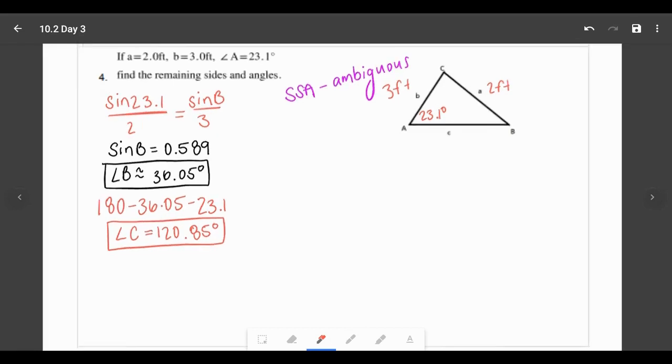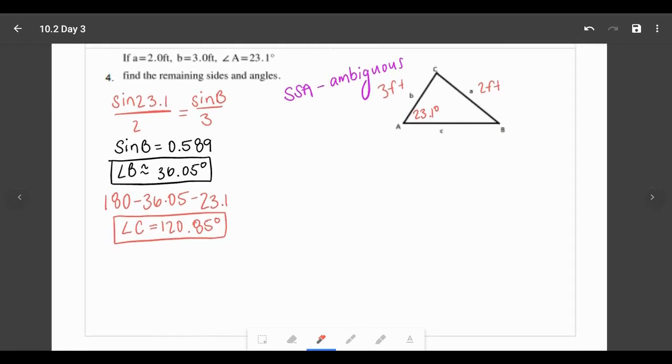And then the last thing that we need to look for, to find the remaining sides and angles, is side C. So we're going to set up sine of 23.1 over 2, equal to sine of that angle we just found.